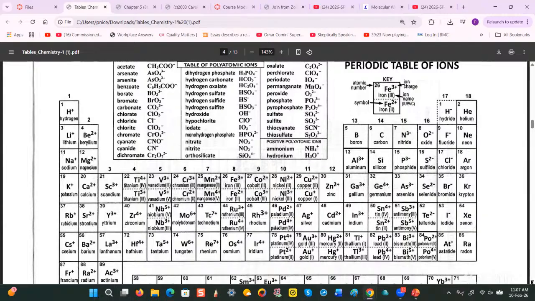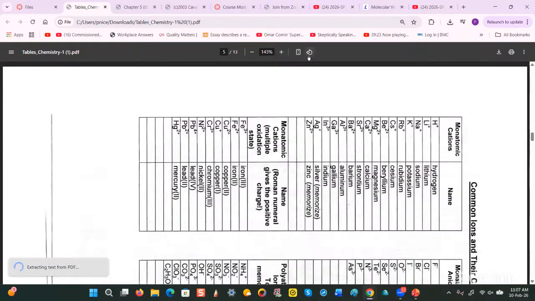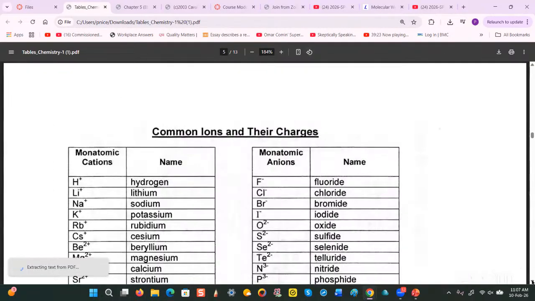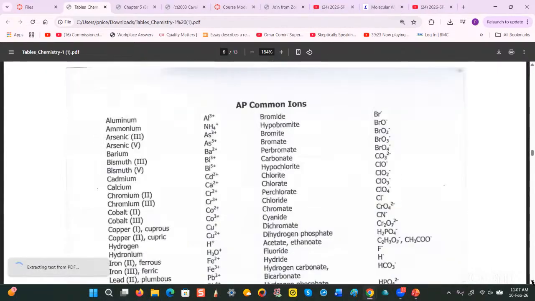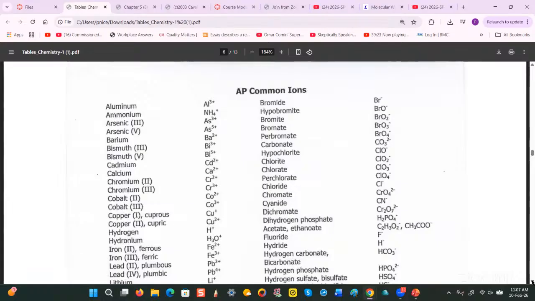Then I've included another page which gives you a list of common ions as well, and another page. The reason I gave you 3 is that some ions would be on one page that would not be on another, so I decided to put these all together in the same document. This is a table that you can utilize to determine the formula for a compound.